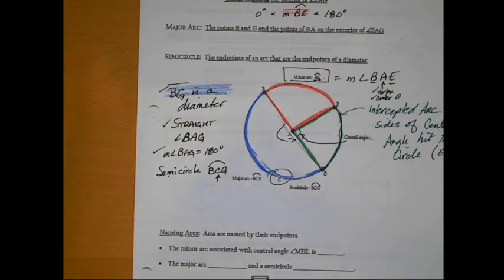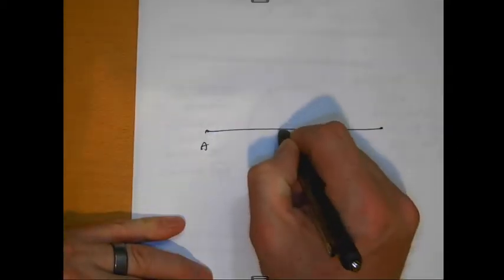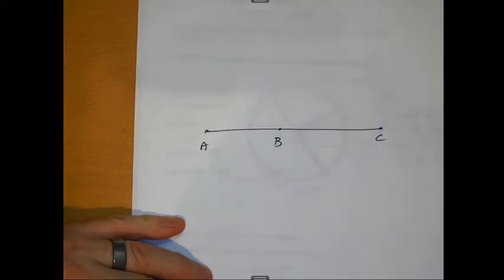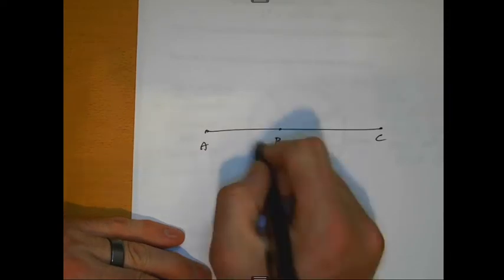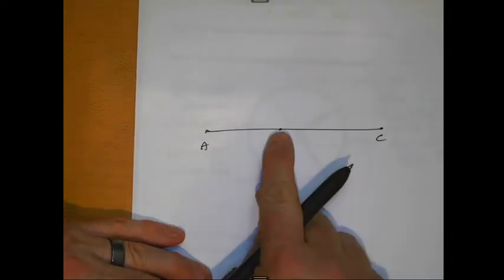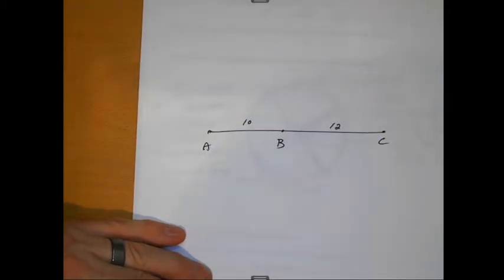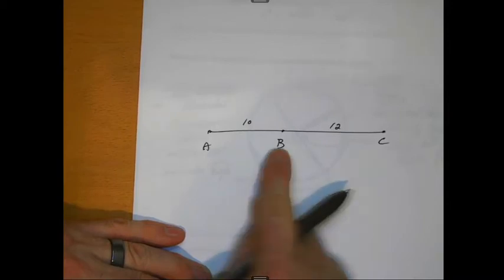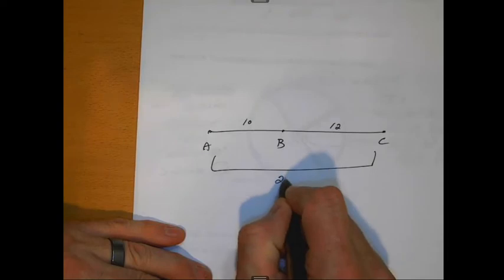If you think about it from the segment addition postulate, which we did before, remember we named towns. If town B was between A and C on the same road, and town A to B is 10 miles and B to C is 12 miles, then the total distance would be 22 miles.